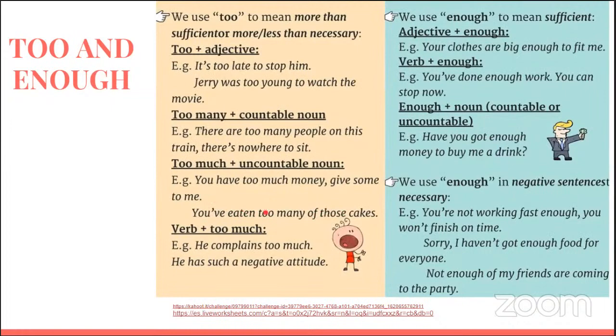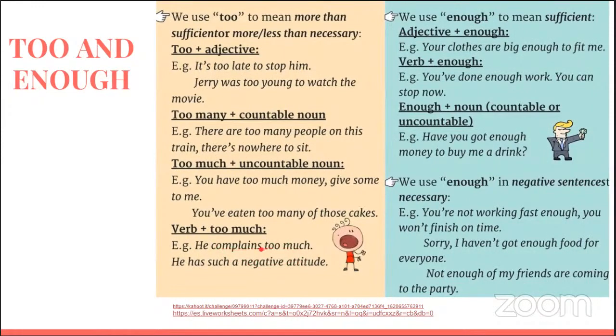You've eaten too many of those cakes. Here we can also use a verb followed by too much. He complains too much. Verb, too much. He has such a negative attitude, right? This is a complete sentence, okay?